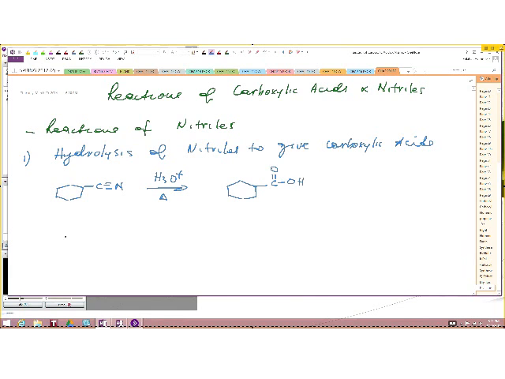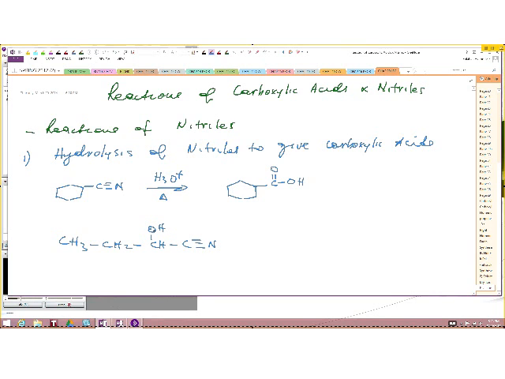Okay, another example, if you recall, take a cyanohydrin, which we could obtain by reaction of hydrogen cyanide with an aldehyde.